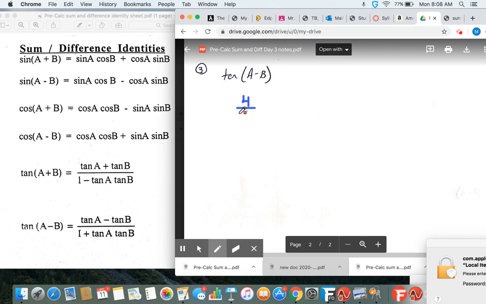So tangent of A. All right, now it's minus tangent of B. Well, tangent of B, negative 12 over negative 5 is going to be a positive, but it's still minus whatever that outcome was. All right, so in the denominator, it's going to be 1 plus the product of, meaning I have to multiply these two together.